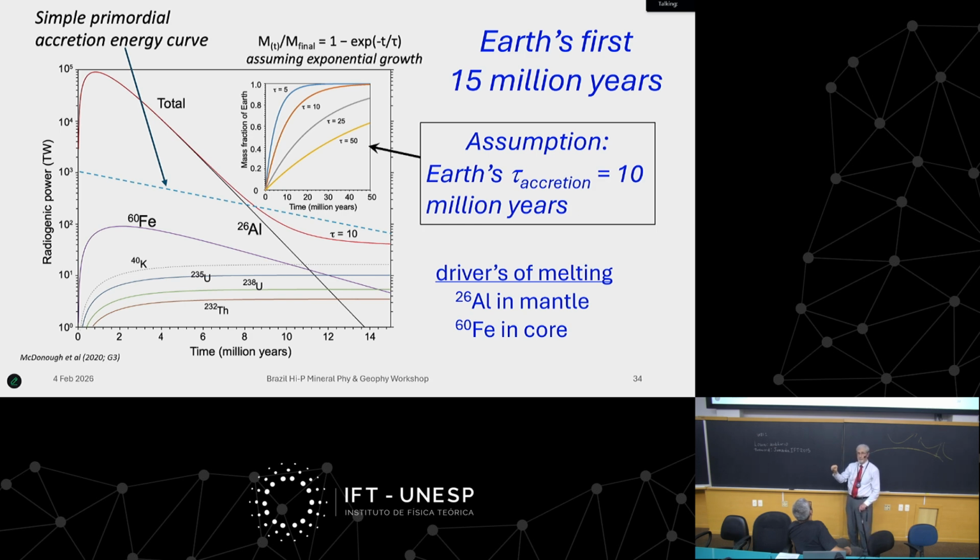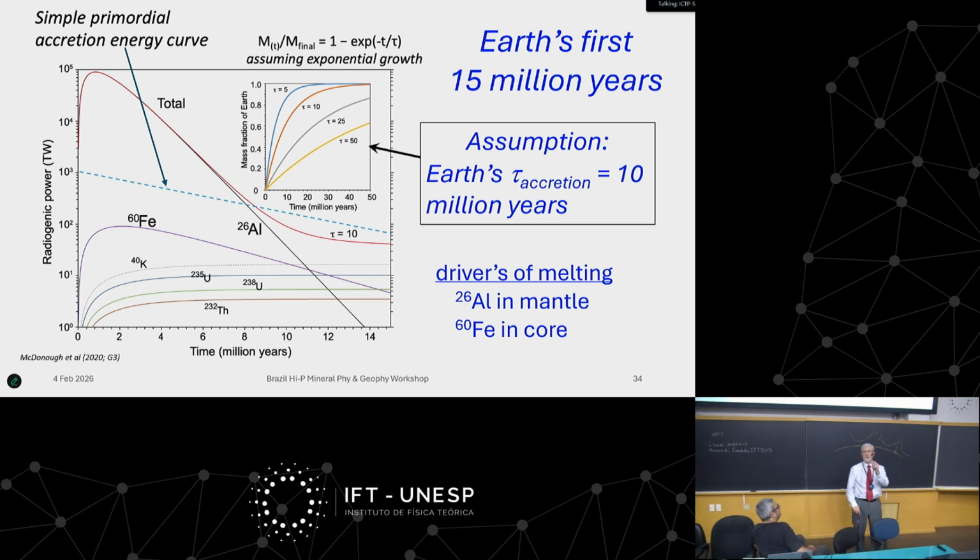So Stefan was talking this morning about how we probably had a basal magma ocean, and he likes the idea of a surface magma ocean. And then when it came to question time, I told him I liked those two ideas. This is one of the reasons, because we had iron-60 cooking the core, we had aluminum-26 burning the silicate Earth. Aluminum-26's half-life is only 0.7 million years, but look at how powerful it is for almost 10 million years. It's because there's so much aluminum in the early Earth.